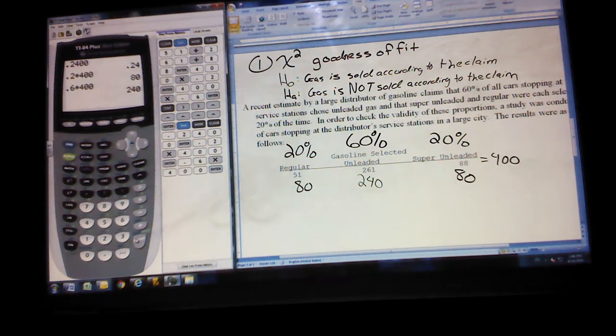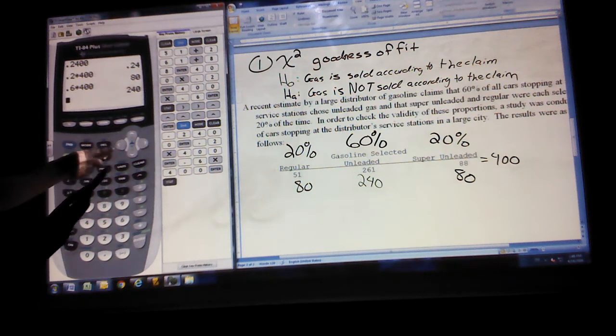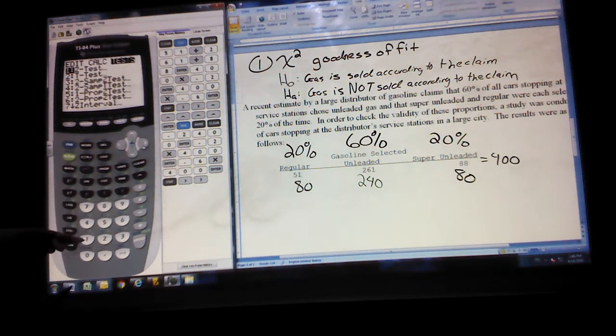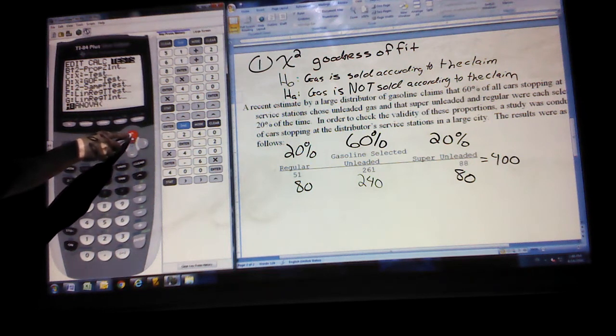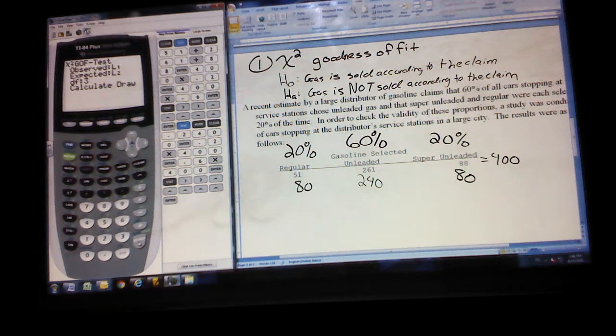So now step 3. Step 3 is plugging in and using our calculator. So we hit stat, test, and we're going to go to goodness of fit, enter. And this one, oh yeah, we have to put in the data into a list, not into a matrix. A matrix is a test of independence when you're given a table.